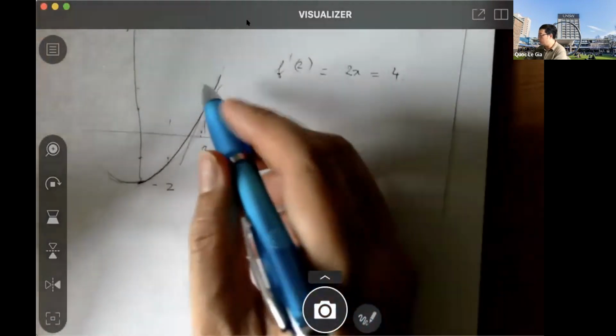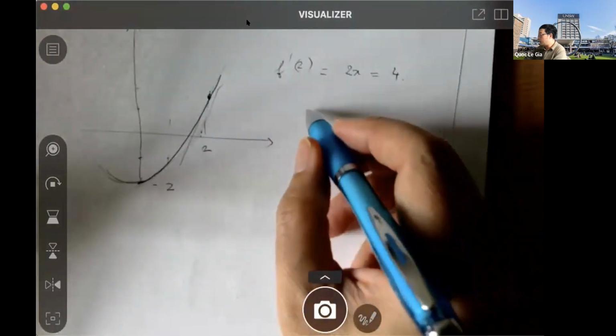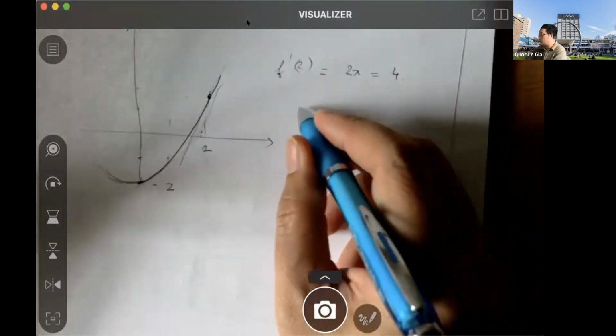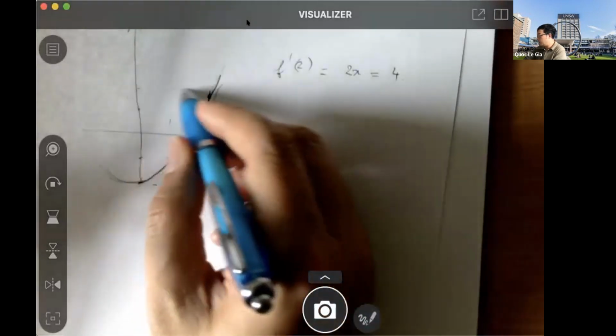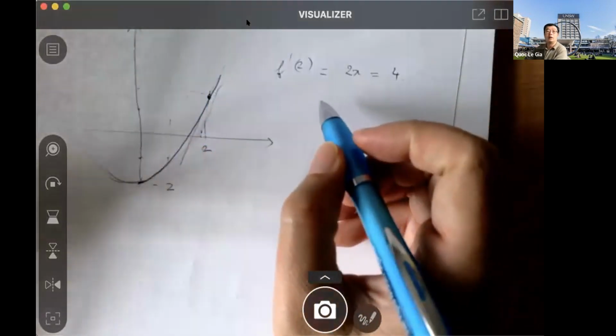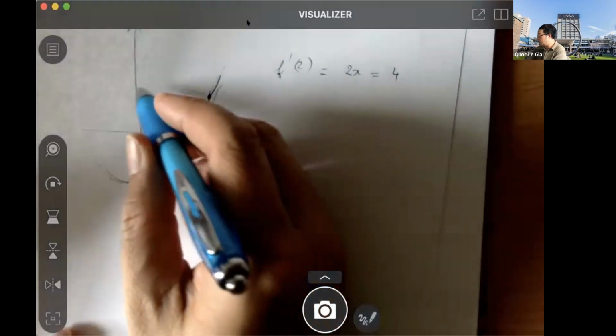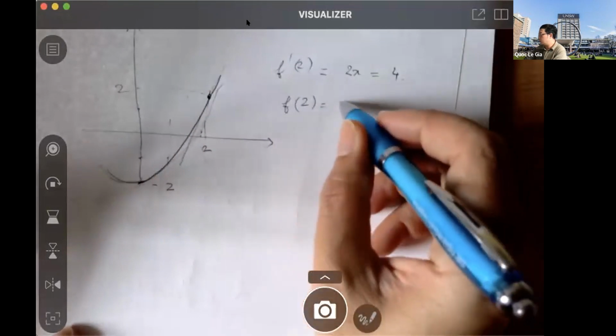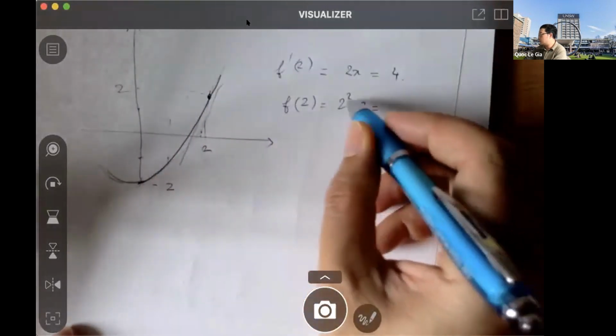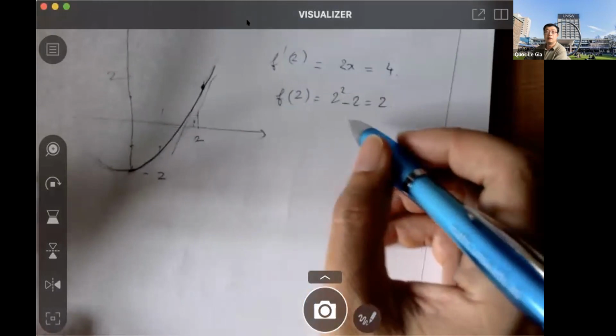And the function will go through 2 and 2, because f of 2 is 2 squared minus 2, so just 2, right?